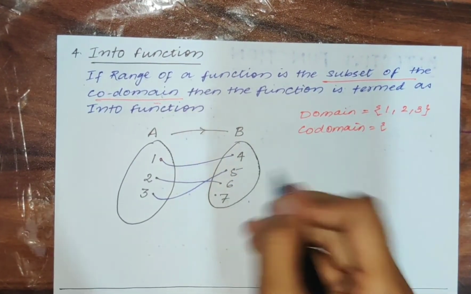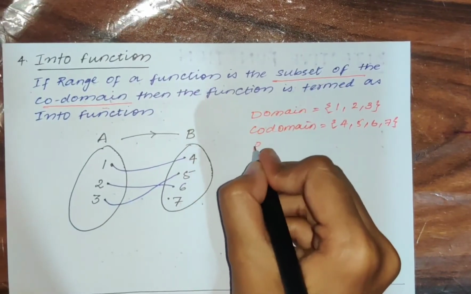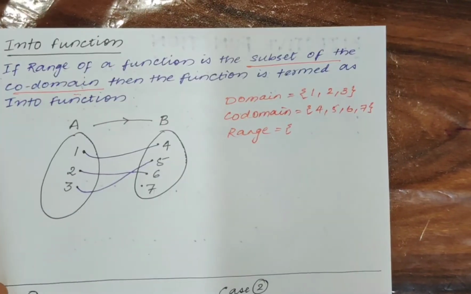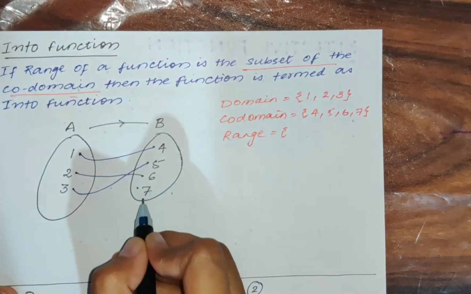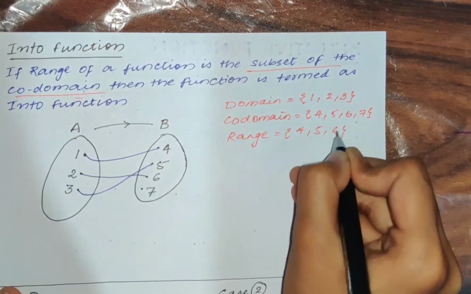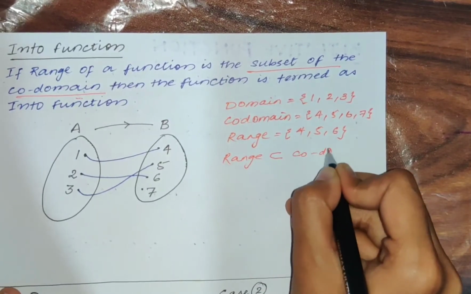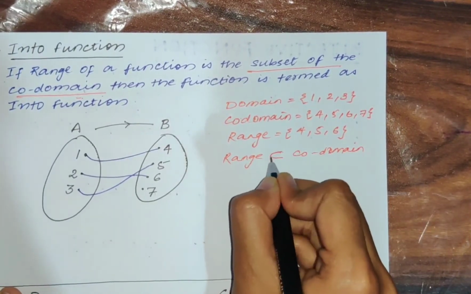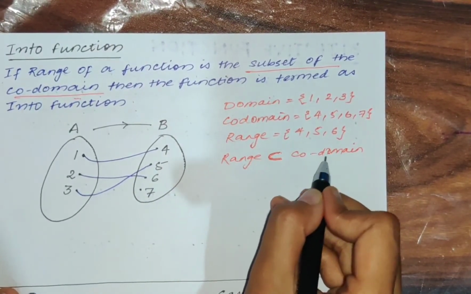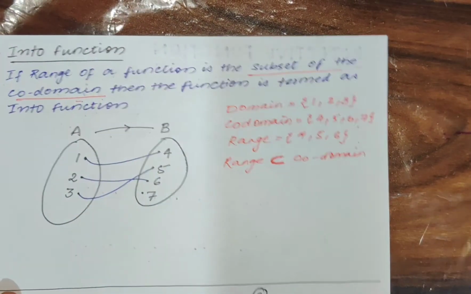All the elements present in set B: 4, 5, 6, 7. But what is the range? Range comprises only those elements which are mapped in set B. So only 4, 5, 6 are mapped here. So range is nothing but a subset of the codomain. This symbol is known as the subset. That means it is contained in the codomain. Such a function is known as into function.